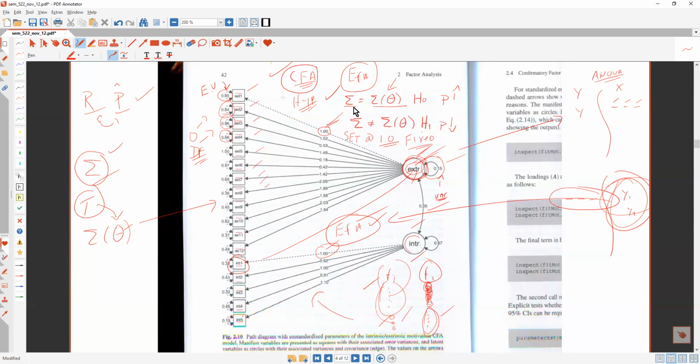Now, I put the equation here as the observed covariance matrix is equal to the covariance matrix implied by the parameter vector, and this is our H0. Our alternative hypothesis is that they're not equal to one another.